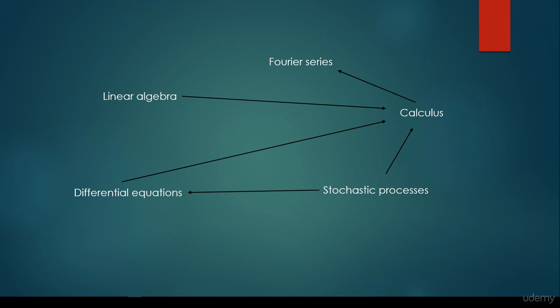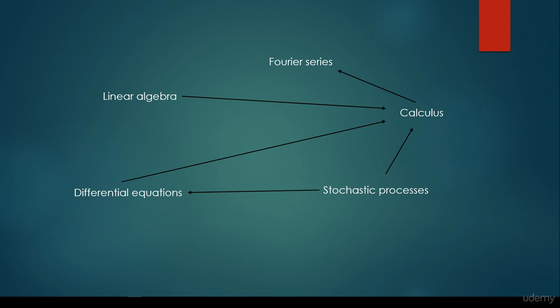Of course, there are some constraints. We are not able to complete the stochastic processes unless we complete calculus and differential equations at first. We are not able to complete, for example, linear algebra because we have to complete calculus at first. We are not able to complete calculus unless we take the Fourier series.